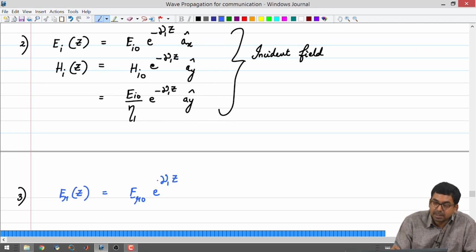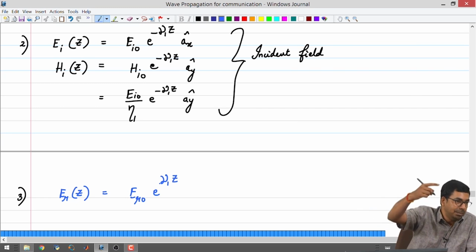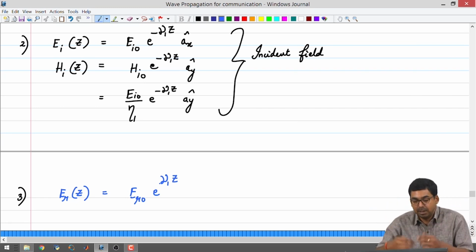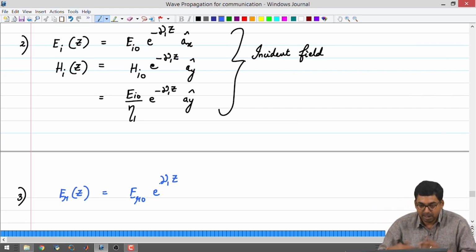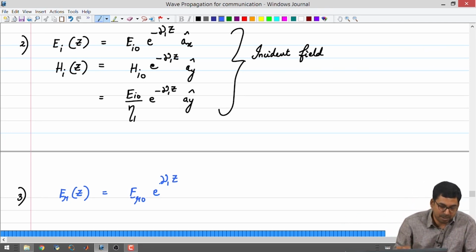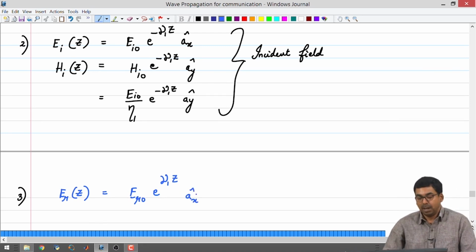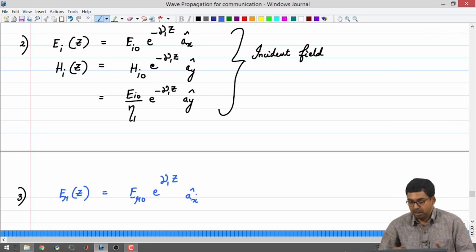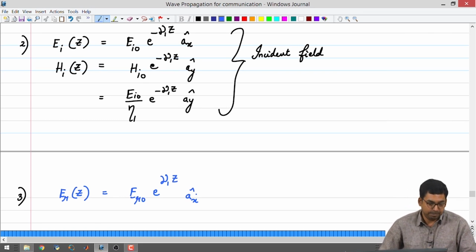Notice that the sign is e to the plus gamma 1 z because it is a backward wave, in the way we would traditionally describe from the transmission lines and even from Maxwell's equations. The orientation of the electric field is still the same. We have assumed it to not flip its direction, so it is Ax hat.